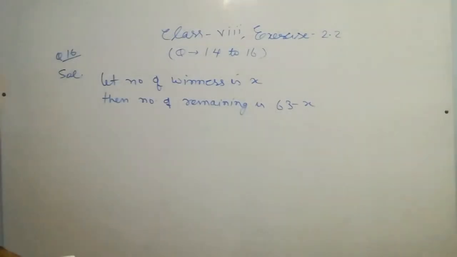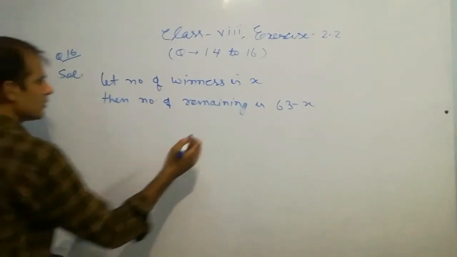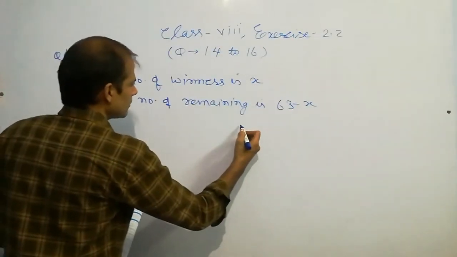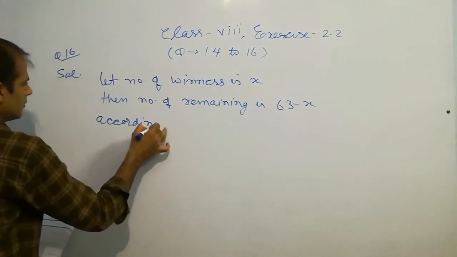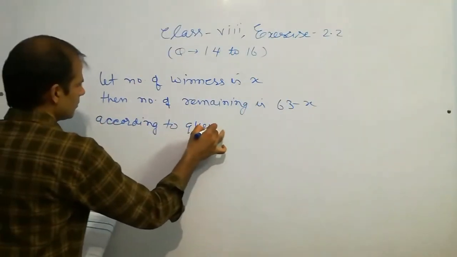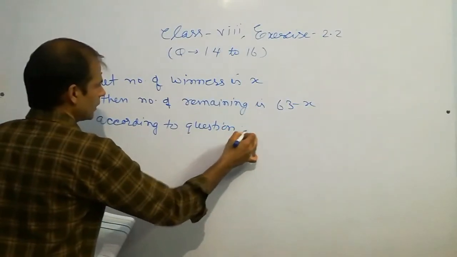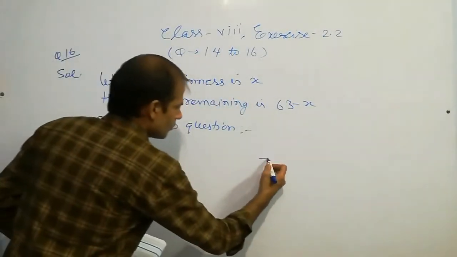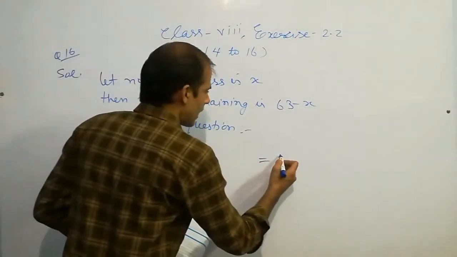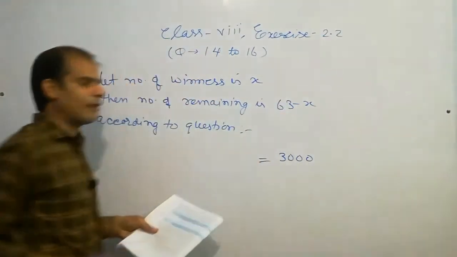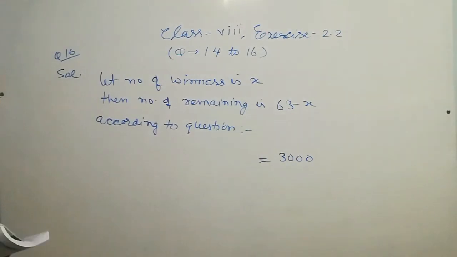Now we have to make an equation. This is the final step. According to the question, if you are going to make an equation, you need an equal sign and write the final amount here, because it is 3000.